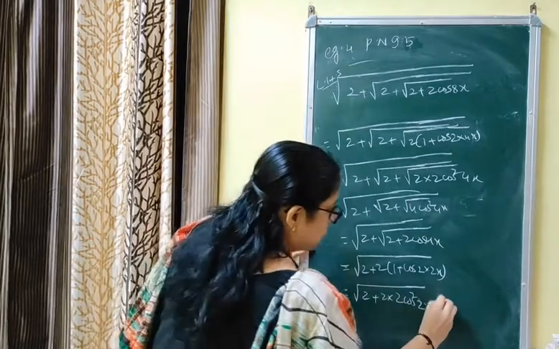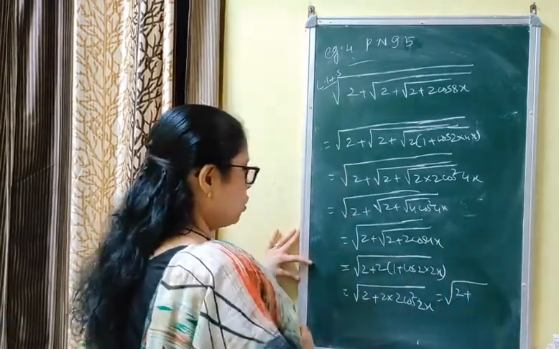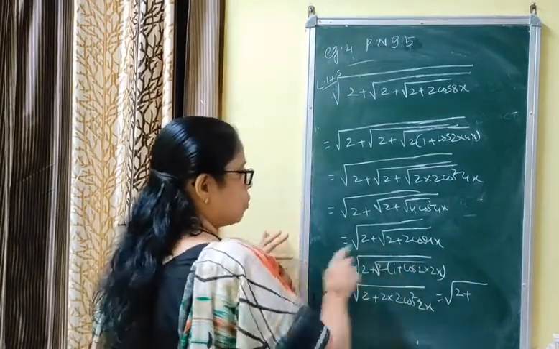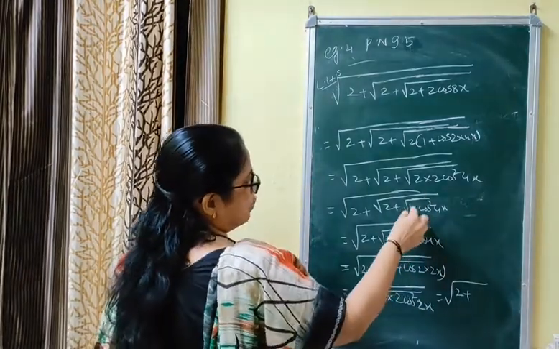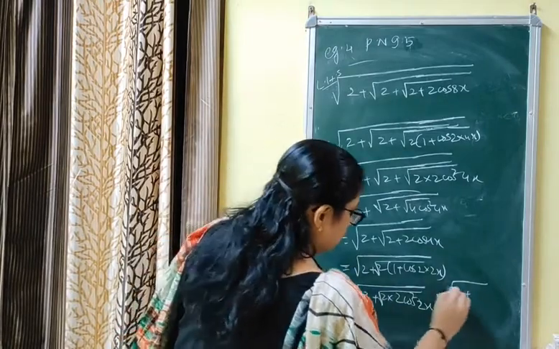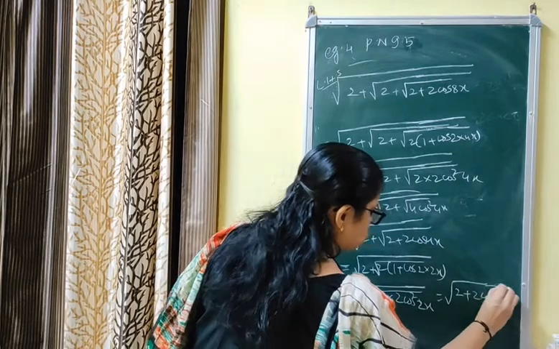That is under root of 2 plus 2 into, sorry, here one under root is remaining, because one under root we have left, but 2 under roots are remaining. That is under root of 2 plus 4 cos square 2x, and if you take the square root you get 2 cos 2x.